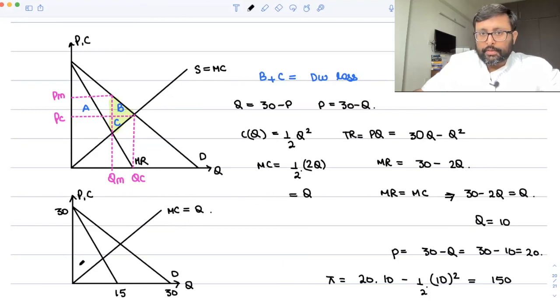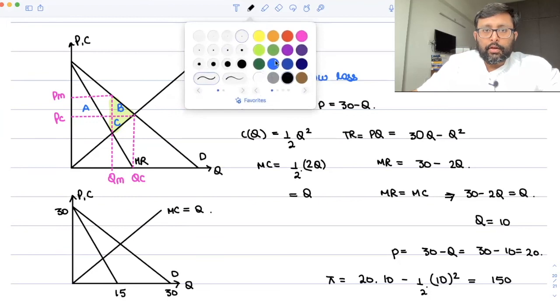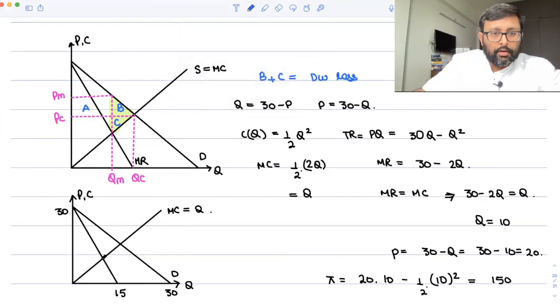That's what my MC curve is. So the monopolist is producing at this point, at MC equals MR. And it is going to charge this one. It is charging price 20 and it is producing this quantity, right?